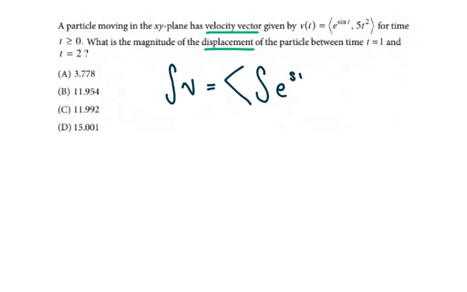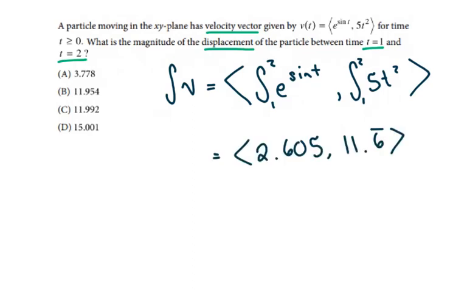So the integral of e sine of t and the integral of 5t squared. And it gives you the bounds here from t equals 1 to t equals 2. And so you can put in the bounds, which is great because then we don't have to worry about trying to do this exponential by hand. Just type it into your calculator.